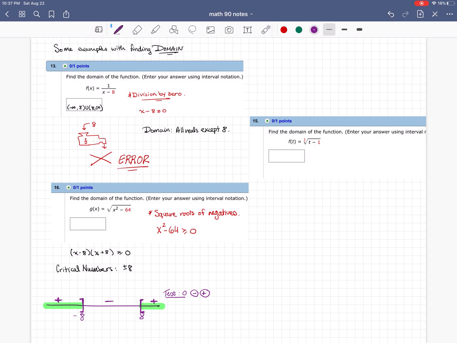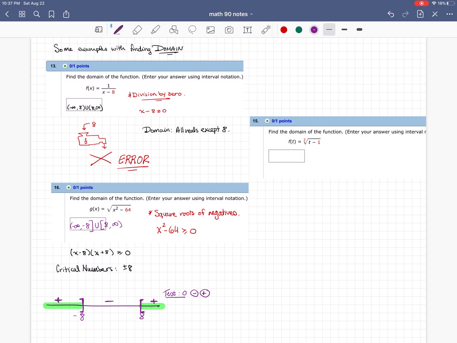So in interval notation, we would take everything up to negative 8, including the negative 8, and then everything starting at 8 forever on. So from 8 to positive infinity. So that's the domain of this function.